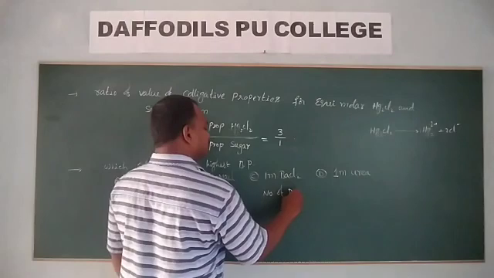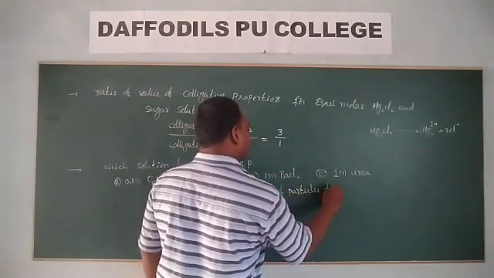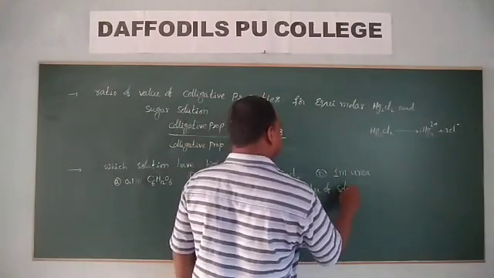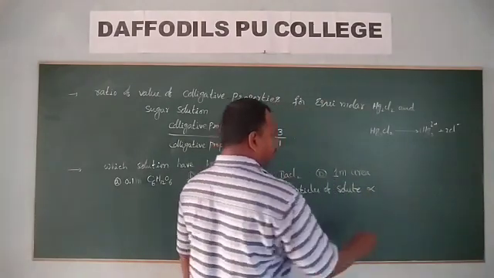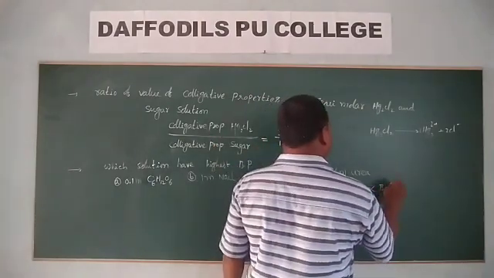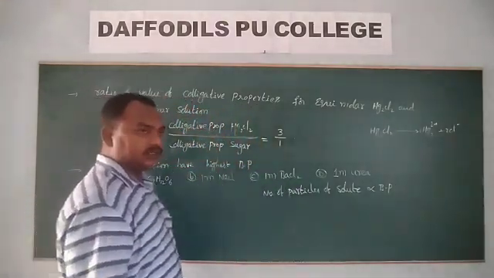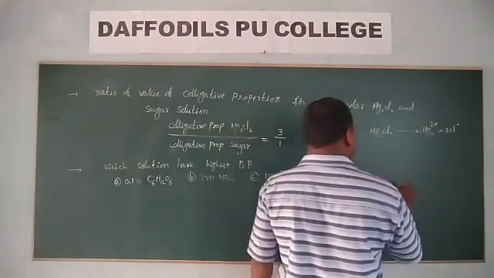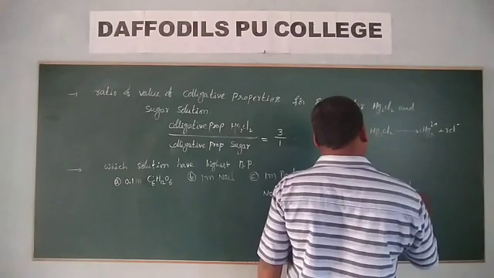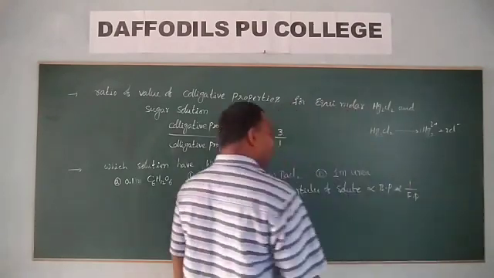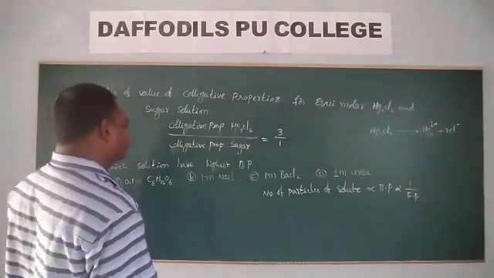Number of particles of solute is directly proportional to boiling point, but inversely proportional to freezing point. As the number of particles increases in the solution, boiling point increases, but freezing point decreases.